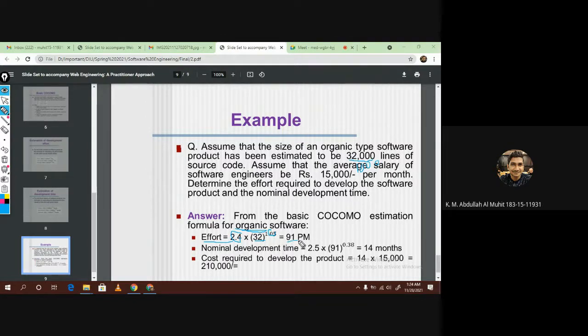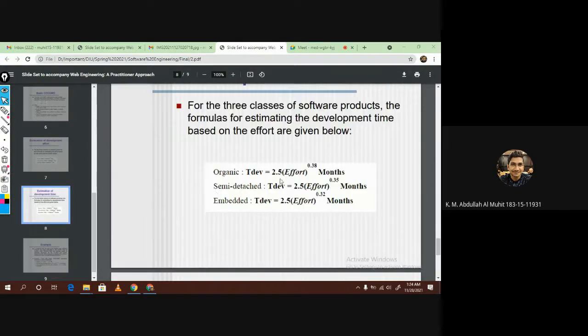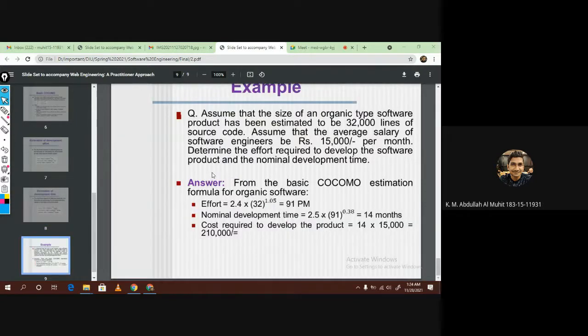The answer is 91 PM, person months. Then to find the nominal development time, we take 2.5 multiplied by the effort, 91, to the power of the constant, and we find this is 14 months.